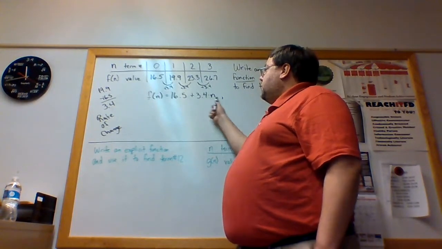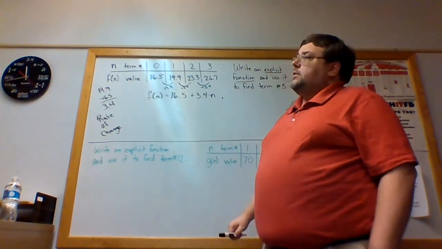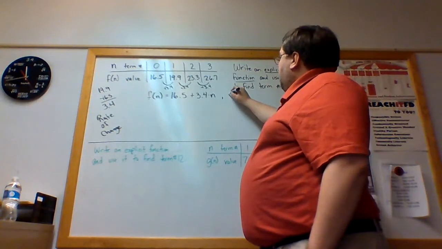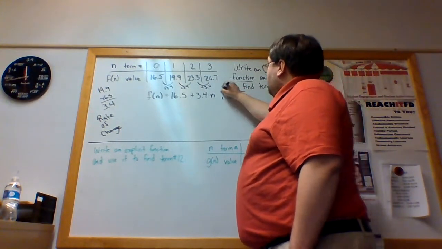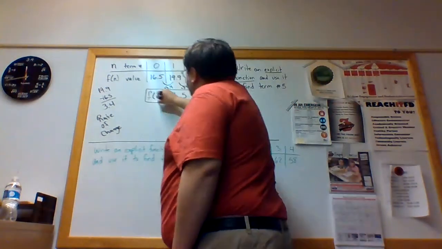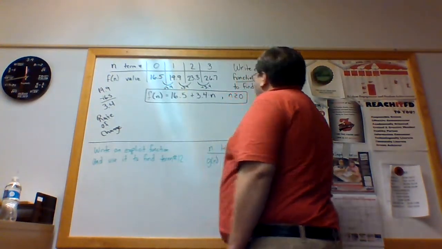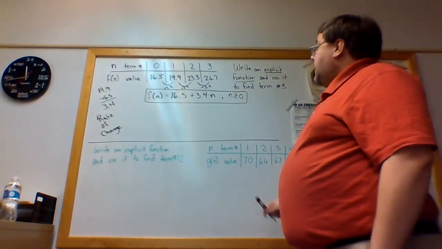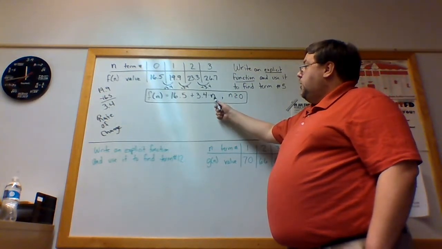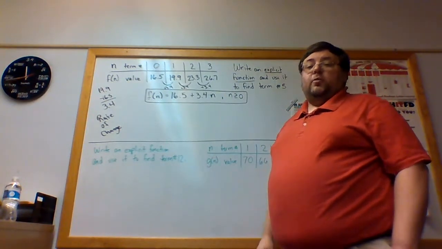So I can use this to get the 0 term. So unlike with the previous type, the recursively defined functions, when I write the domain for this explicitly defined function, I say n is greater than or equal to 0, because I can have term 0 put in there, and it does give me the value.